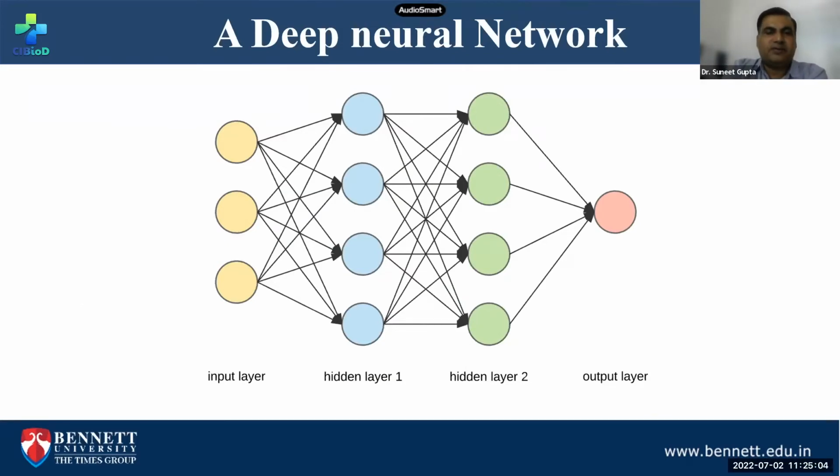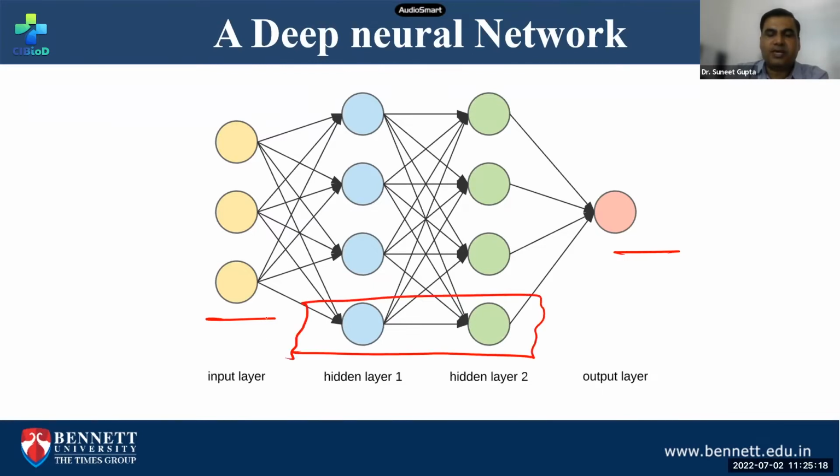In a deep neural network, generally there is one input layer and an output layer, and between the input and output layers, some layers are there, and those layers are known as hidden layers. The input layer is responsible for collecting the data from the user, the output layer is responsible for providing the output, and the intermediate layers are generally useful for processing the data.